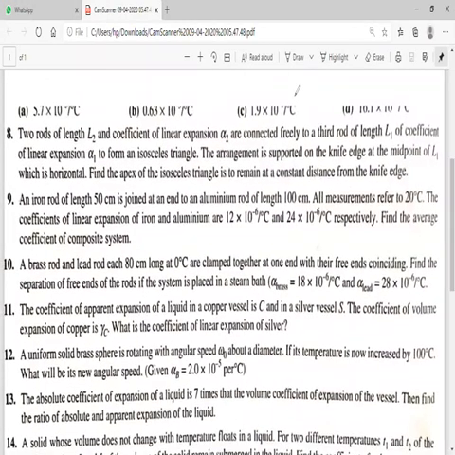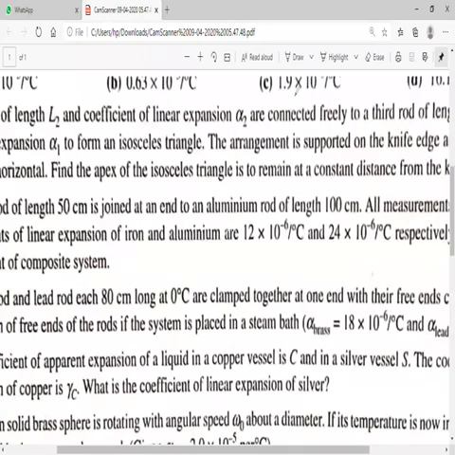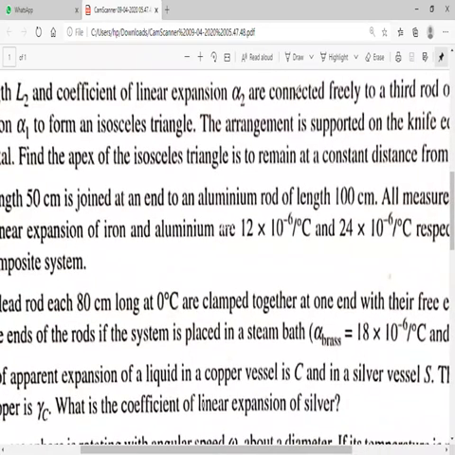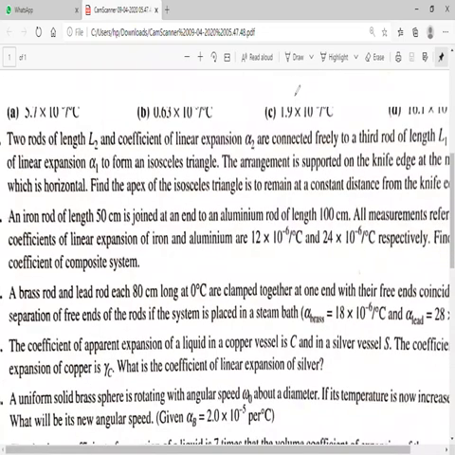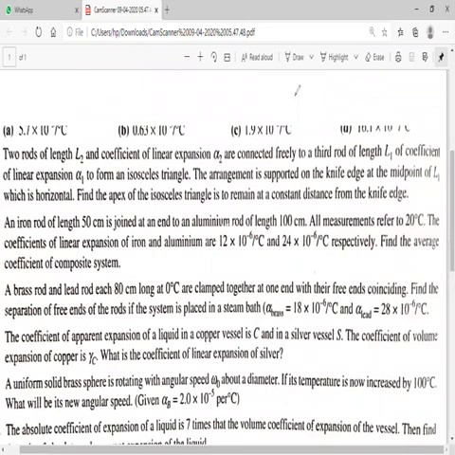An iron rod of length 50 centimeters is joined at an end to an aluminum rod of length 100 centimeters. So two rods were combined here. A 50 centimeters rod is joined to a 100 centimeters aluminum rod. All measurements refer to 20 degrees Celsius.